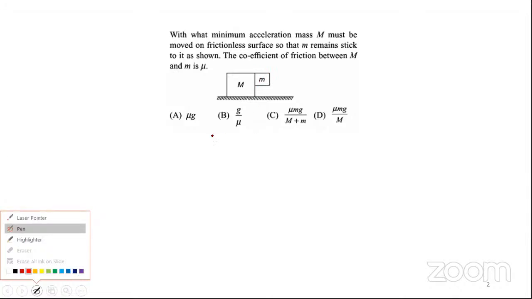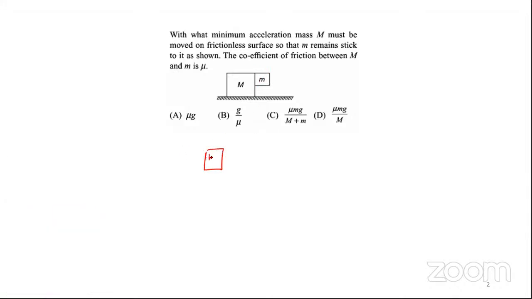For this mass small m, there is a normal force acting in this direction. Suppose this complete system is moving over here with acceleration a. So normal force is acting in the right hand side direction. mg is acting downwards. And because this mass wants to fall down, friction will be acting upwards with the maximum value of mu N. Now this N is providing the acceleration, so we have N equals ma.